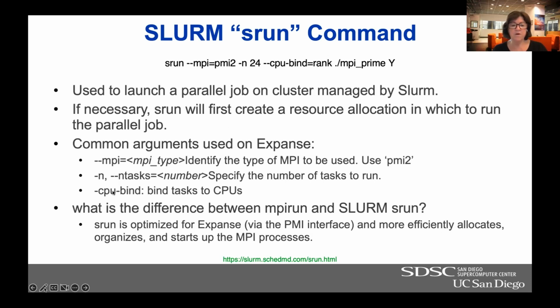You can pass common arguments to it, but the big difference is MPI will work, but it might not work optimally. MPI is not optimized to the Slurm system on Expanse, but srun is. And Mahidhar and Marty and the user support team do a lot of work to make sure that srun uses the PMI2 MPI type.